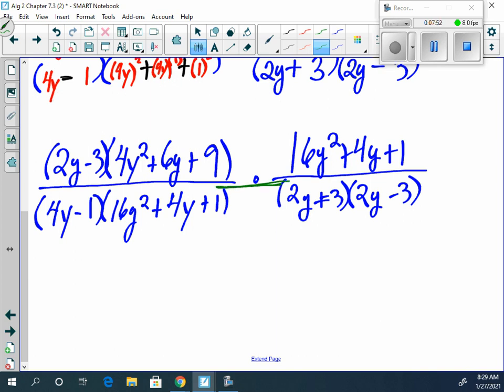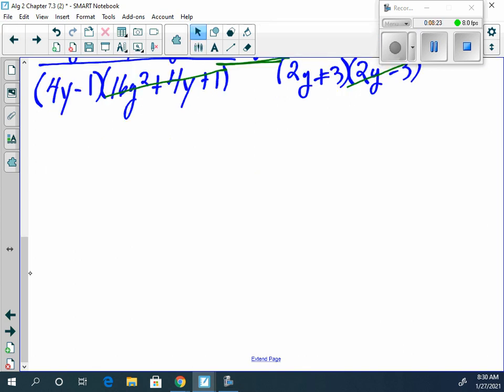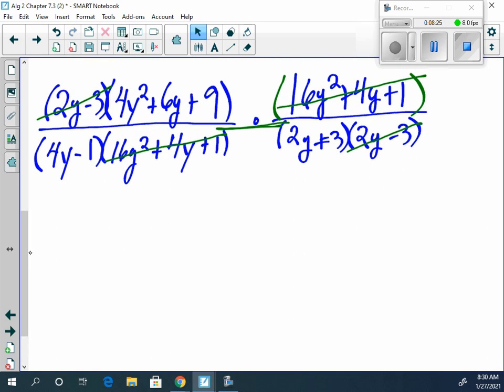Now, we could rewrite it again so that they're all on the same fraction, or we can just line it up. Now, this numerator is technically in parentheses. What's in common on top and bottom? These are the same: 2y minus 3. What else? That is it, because there's nothing else in common on top and bottom.